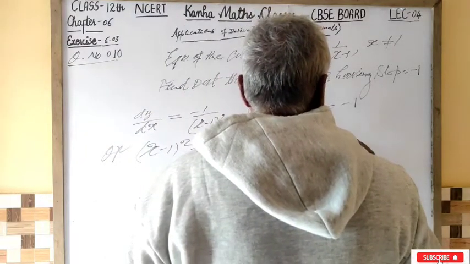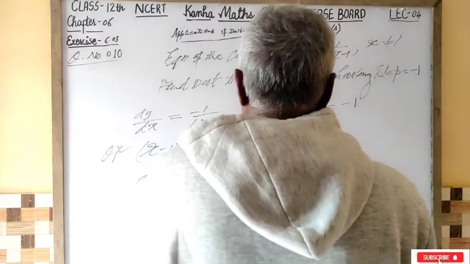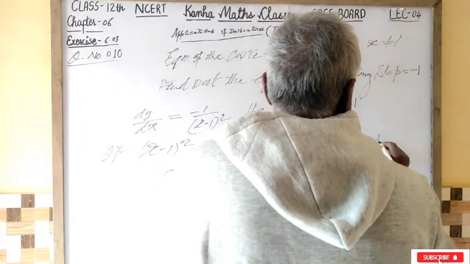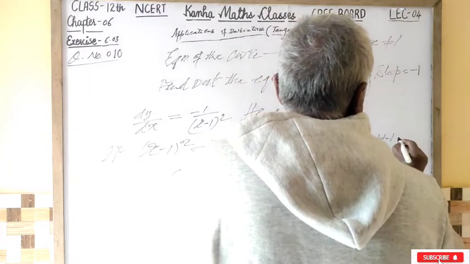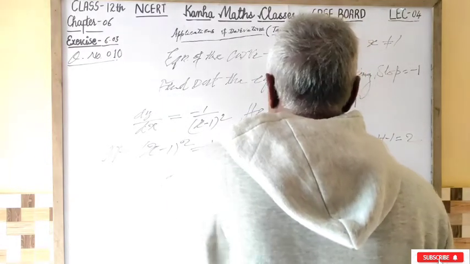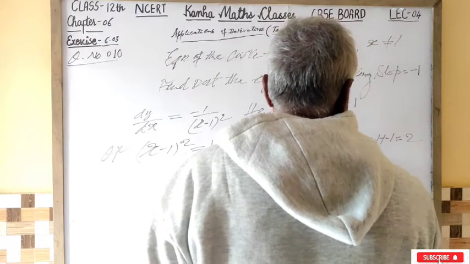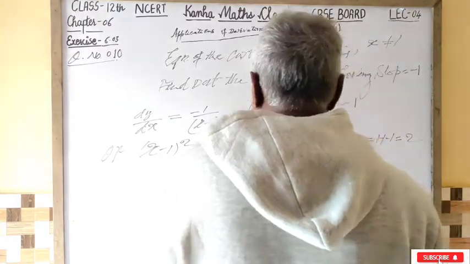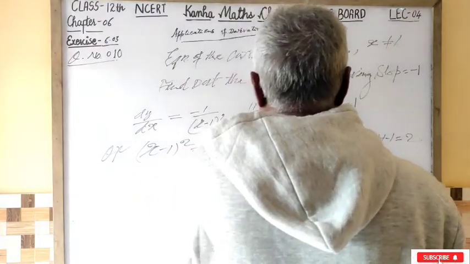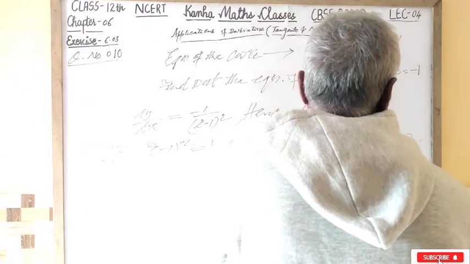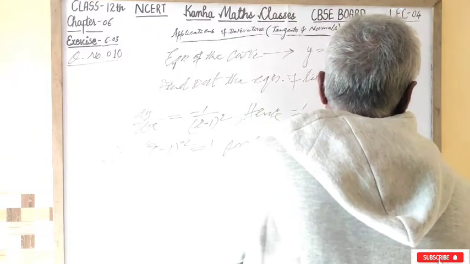Taking the plus sign, x is equal to 1 plus 1, that is 2, and taking the minus sign, x is equal to 1 minus 1, that is equal to 0.